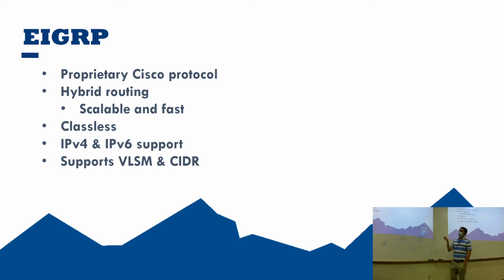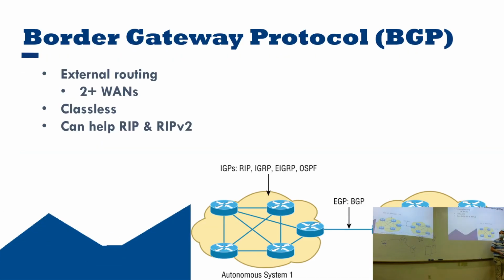Supports IPv4 and IPv6 on the same database. So I think it's OSPF that does not support it on the same database. So you're basically running two separate instances, which is going to be more taxing on hardware. EIGRP is going to be more efficient on hardware. The downside is you have to use Cisco. It's also going to have support for CIDR. So pretty much anything will support CIDR. I wouldn't be too concerned with that, but just know that it does.